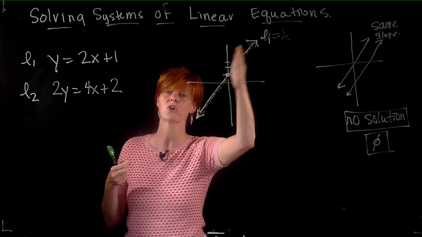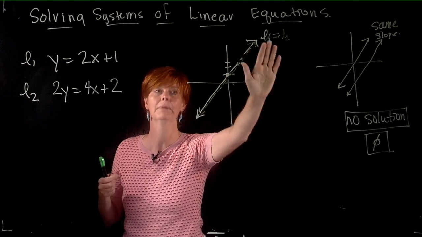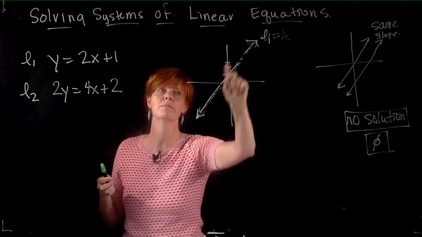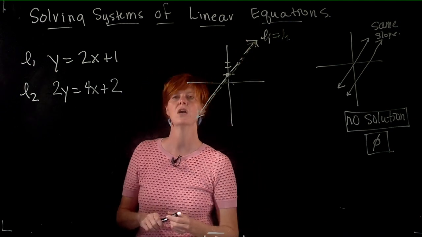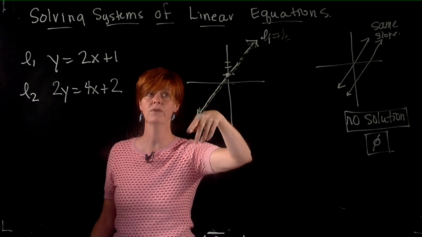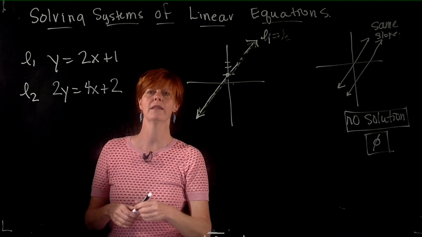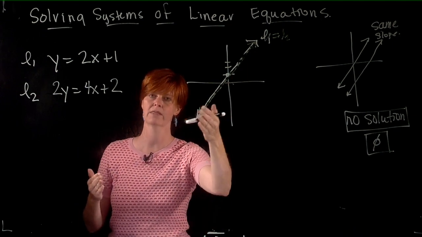And is the answer all ordered pairs? It does not cover this entire plane. It just is the points on this line. So in this case, the solution is all the ordered pairs that lie on this line. And now there are infinitely many of them, but that is not the answer. You need to say it's all the points that lie on this line.